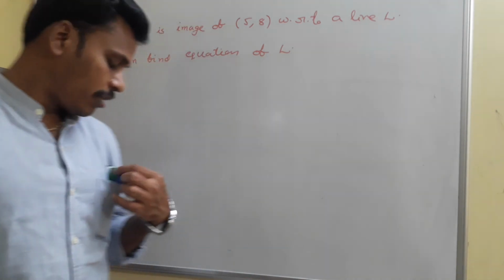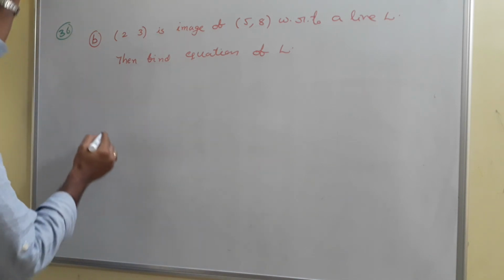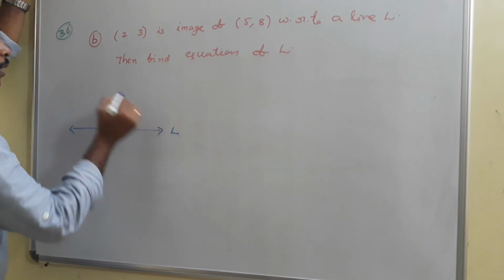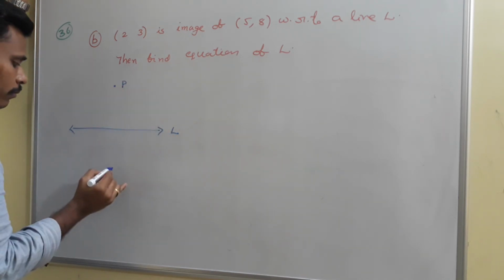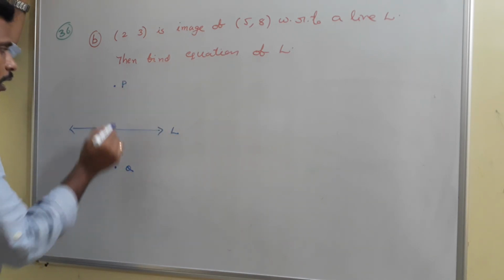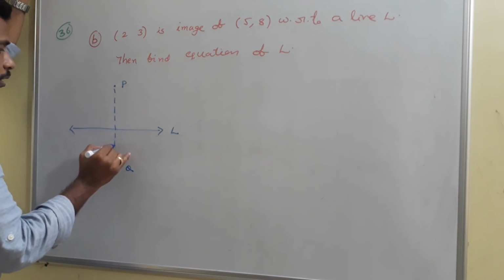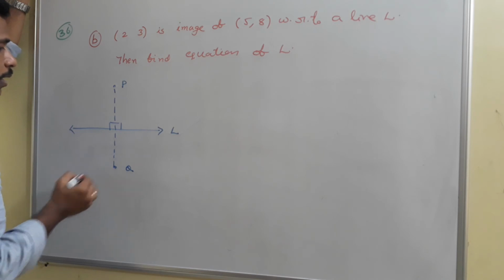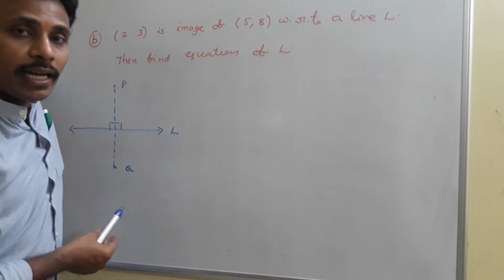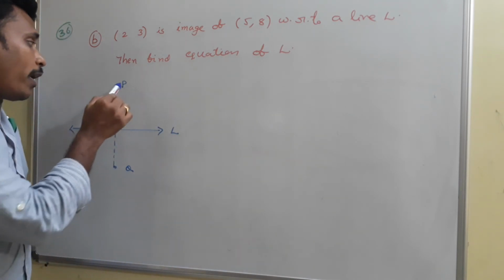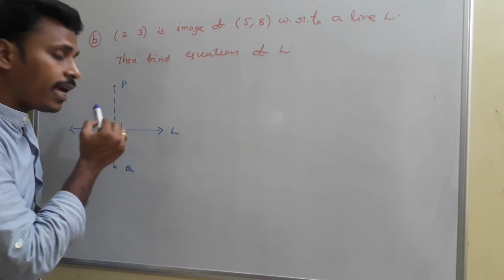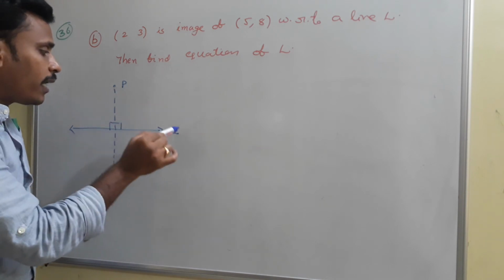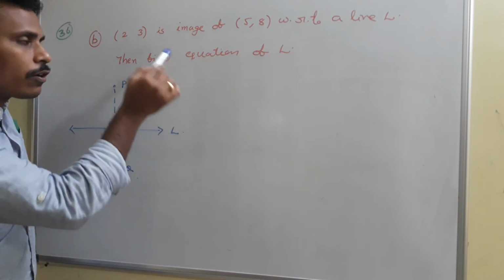Actually in the picture 3 different terms are involved: one line along with a point P and its image Q. These 3 are involved in analyzing the concept of image of a point with respect to a line. We derived a formula to find this image Q if point P (x1, y1) and the line ax plus by plus c equal to 0 are given. If P and L are given, find Q, use that formula.